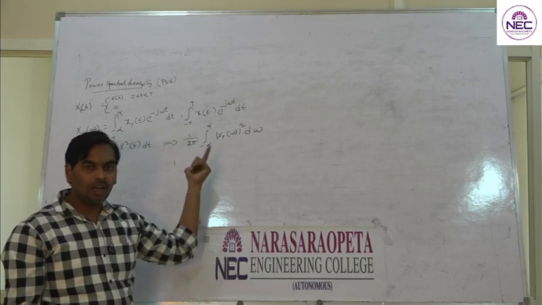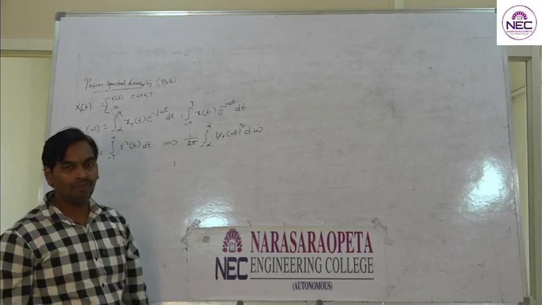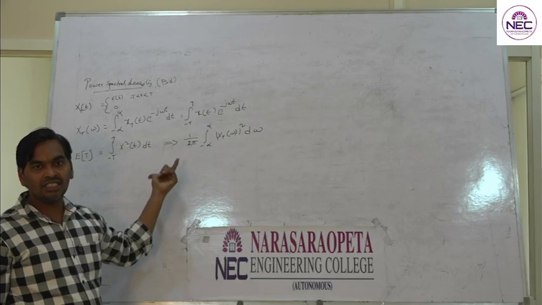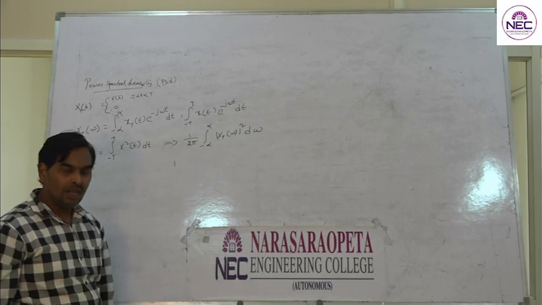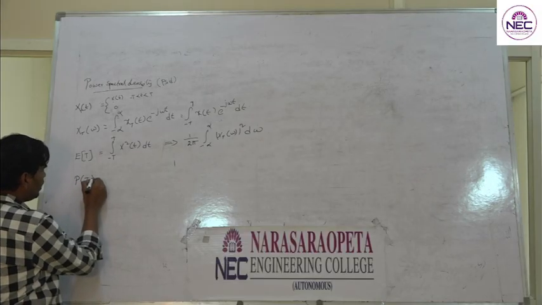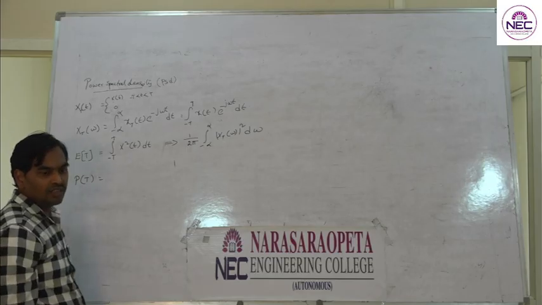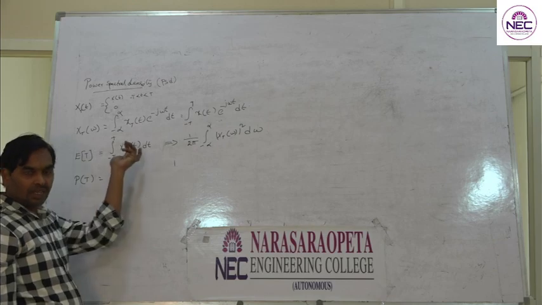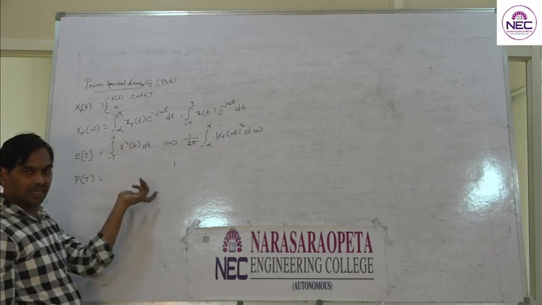This is the energy signal, and from this energy signal I am going to derive the power signal, represented as P of t. The power signal is derived from the energy signal divided by 2t.